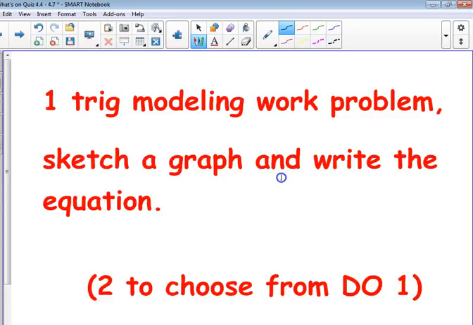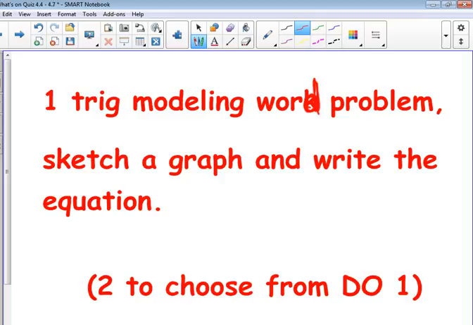So, all right, guys. The other thing that's on there is a word problem, not a work problem. Forgot to fix that slide. There's actually 2 of them. It is a trig modeling problem, like the height of the Ferris wheel, or the tide, or the body temperature of some animal that lowers and raises periodically, or some crazy business, okay?